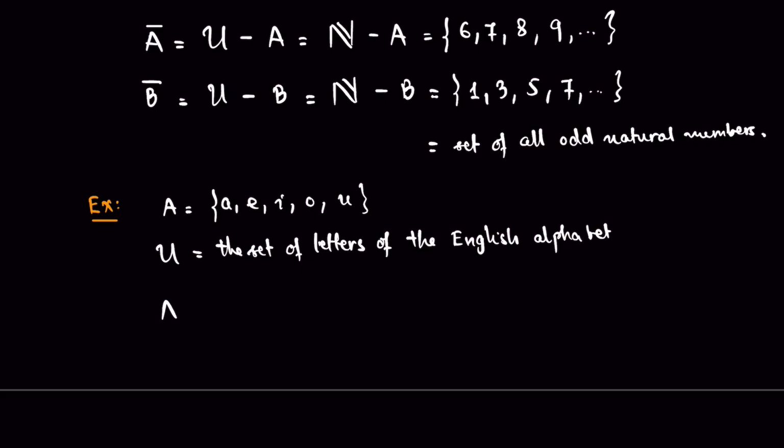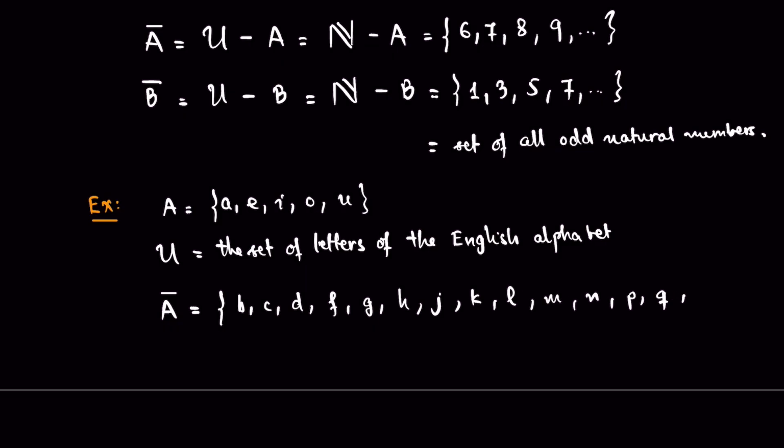So the complement of A is going to be the set of the letters B, C, D, F, G, H, J, K, L, M, N, P, Q, R, S, T, V, W, X, Y, and Z.